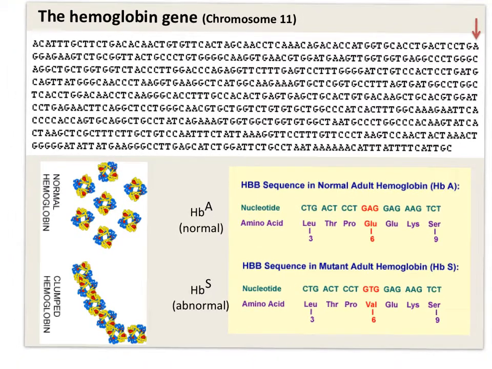So here's the hemoglobin gene. The hemoglobin is in our blood. Iron is part of it, and it's got a high affinity for oxygen, right? So when you breathe in, the red blood cells take up the oxygen.